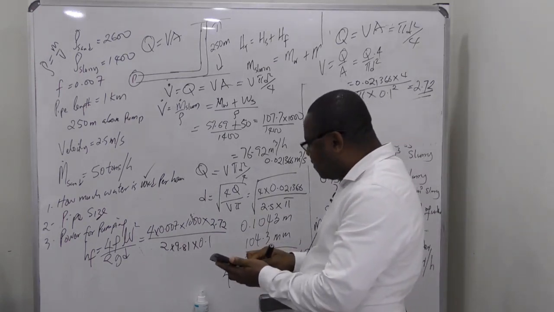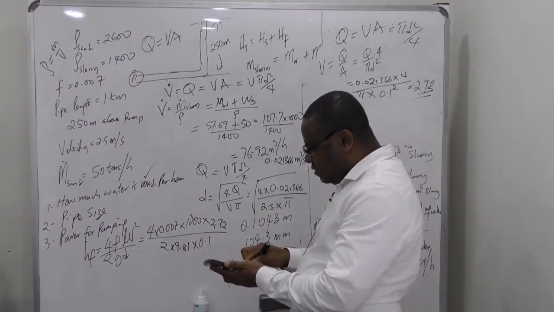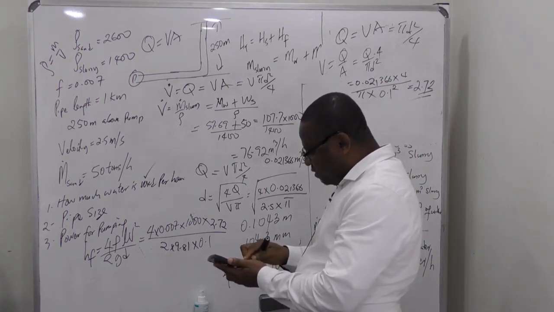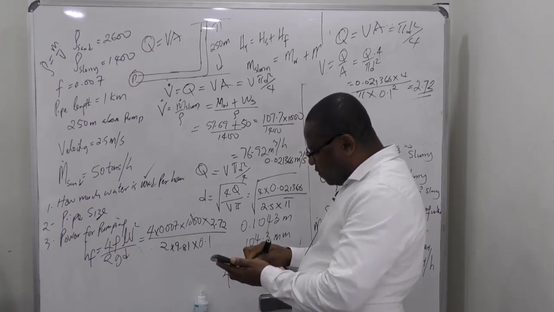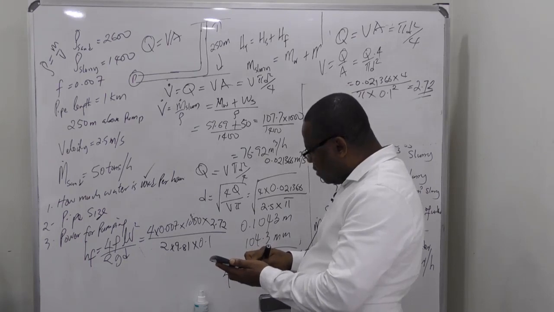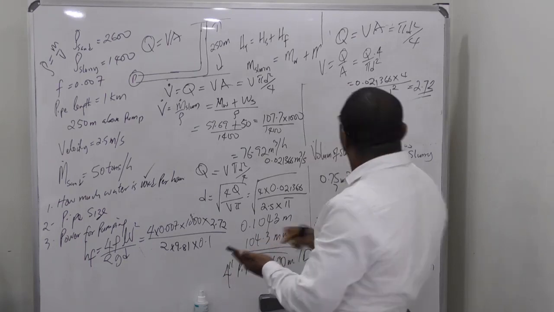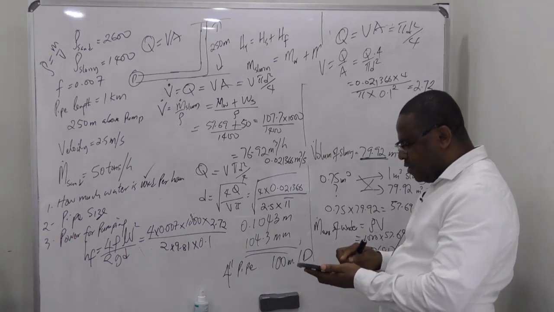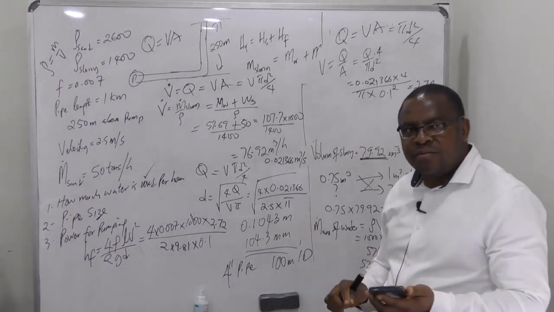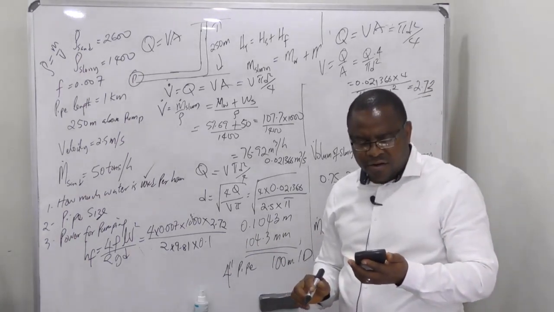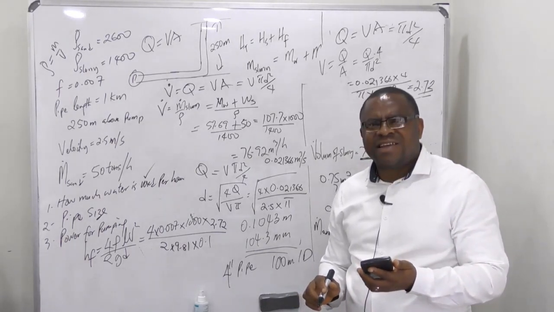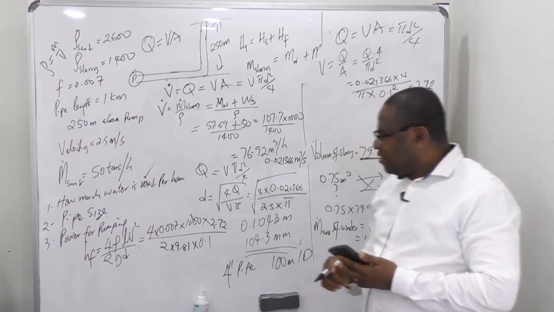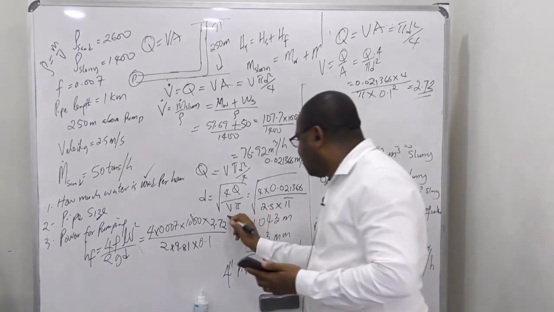We have 4 times 0.007 times 2.72 squared divided by 9.81 divided by 0.1. So you get about 0.0388. I'm sure I missed something.